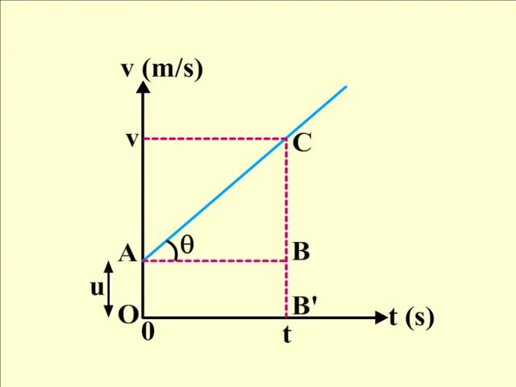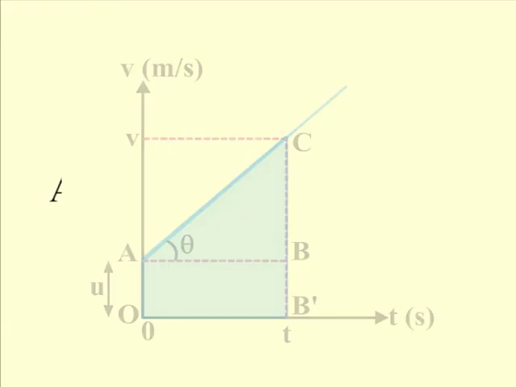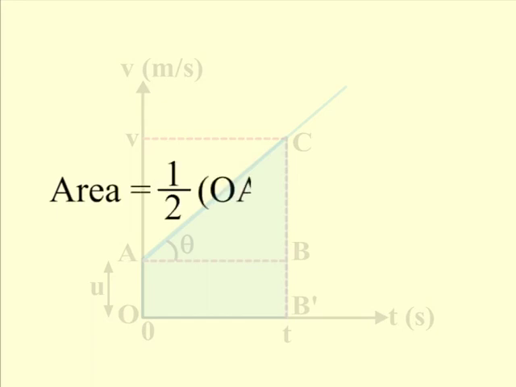For convenience, let u be the initial velocity and x0 the initial position at time t equal to 0, and x the final position at time t. Then the area enclosed by the vt graph and the time axis is equal to the area of trapezium OACB', which is equal to half the sum of OA and B'C multiplied by OB'.